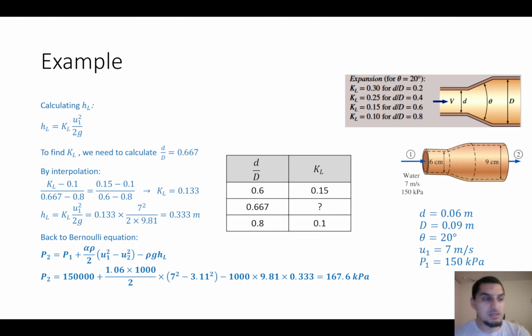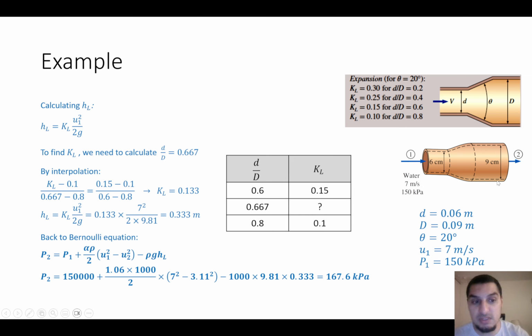But there is just one quick note here: if you check the pressure at the exit stream, you would notice that it's more than the pressure in the feed stream. It's 150 here and it comes out at 167. This is not a mistake, and this is expected because although we have losses, we have energy transformation from here to here.